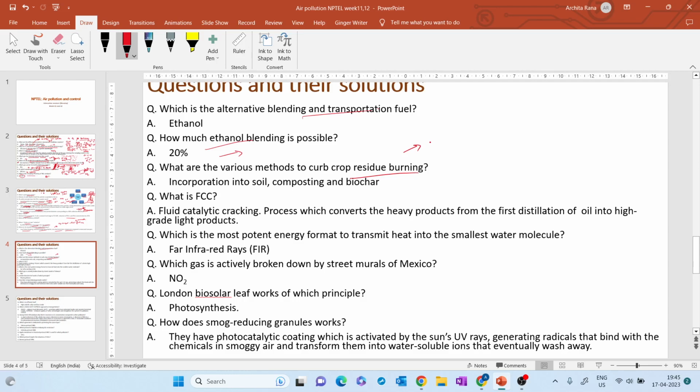As soon as the harvesting season is over, whatever is left they burn. They prepare the soil for the next season. Now the thing is that because you are burning biomass, because agriculture residue or crop residue is nothing but biomass, a large amount of biomass in a very short time, pollution spikes in that time.